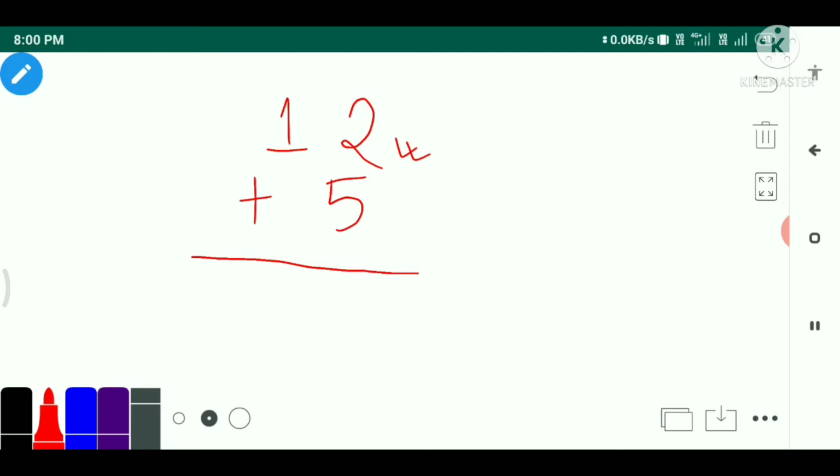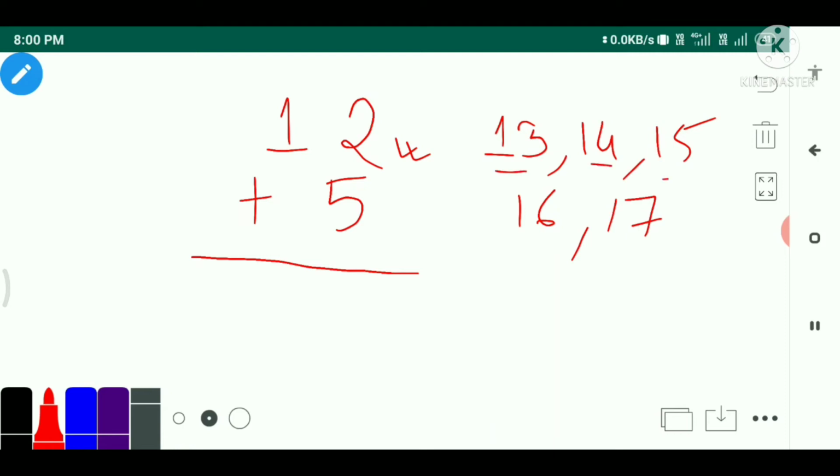So this one is 12, after 12, 13 is there, then 14, then 15, 16 and then 17. We'll stop at 17. We'll count only the 5 numbers after 12 because here 5 is there, right? So here we'll get what? 17. The answer of this one will be 17. This one is the second method.